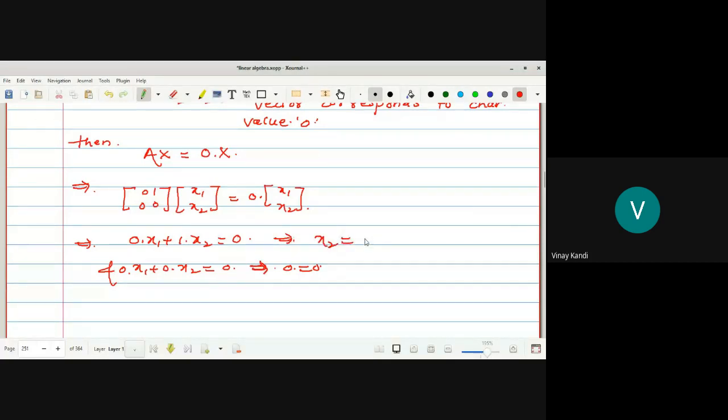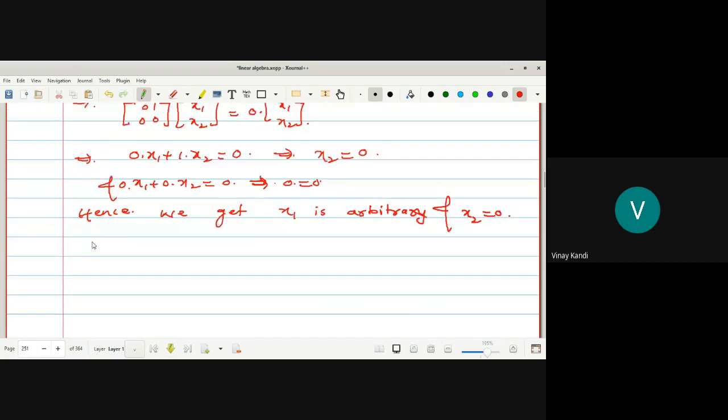Hence we get x1 is arbitrary and x2 is equal to 0. This implies that capital X is equal to, suppose x1 is arbitrary, that is k, and x2 is 0, which is equal to k times 1, 0.